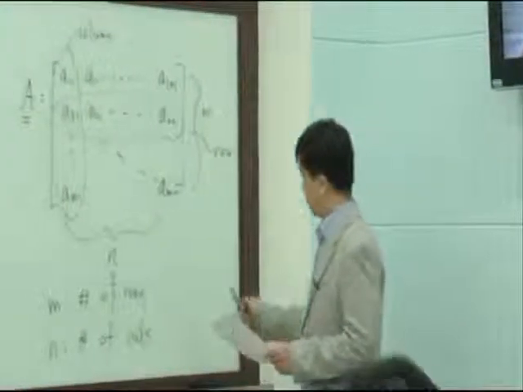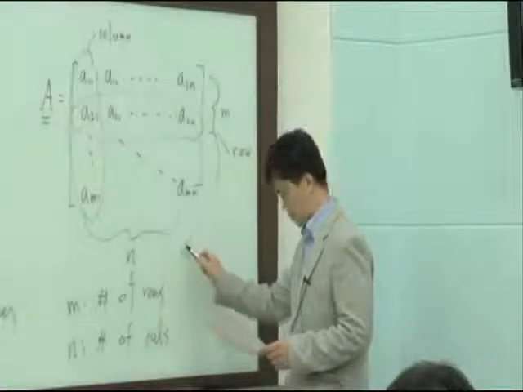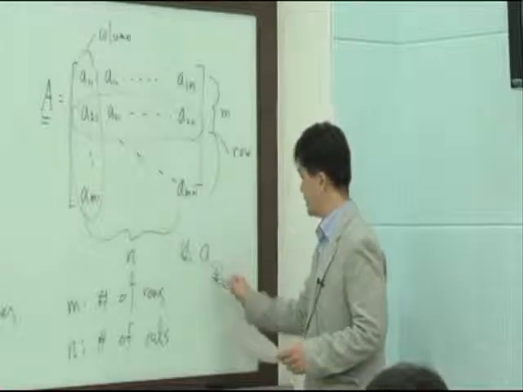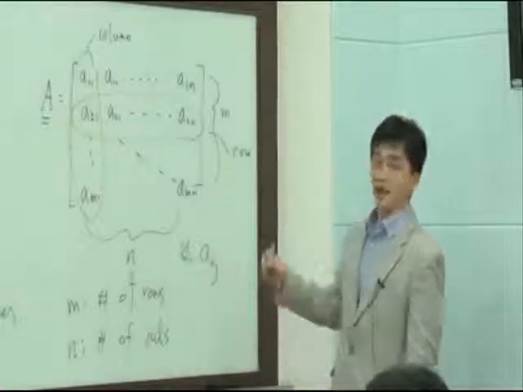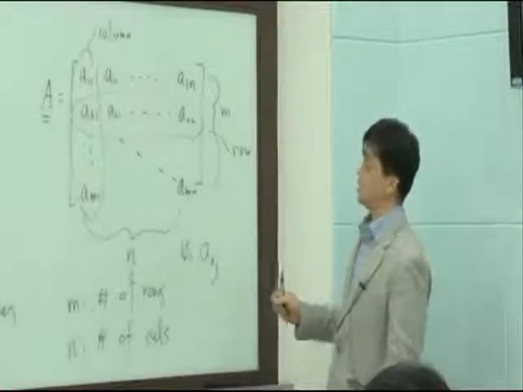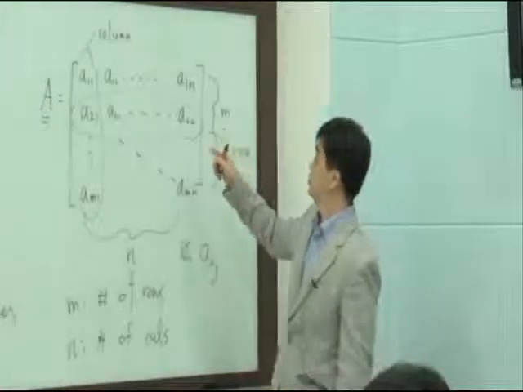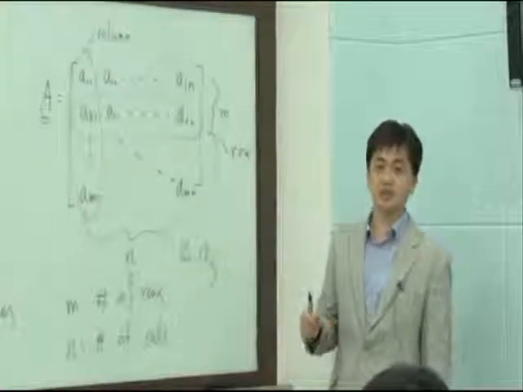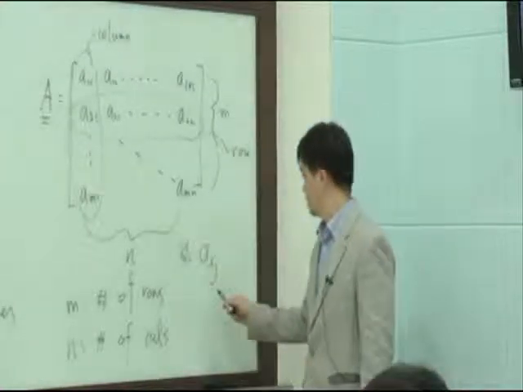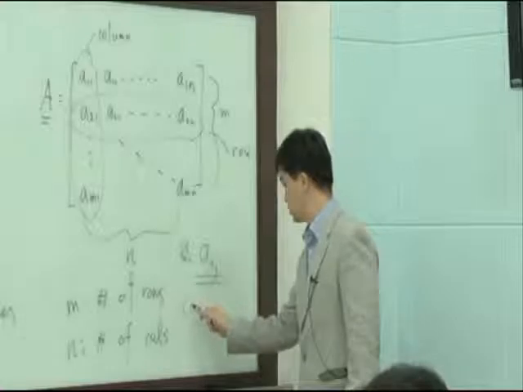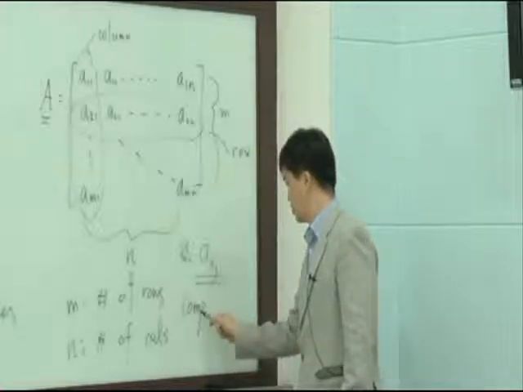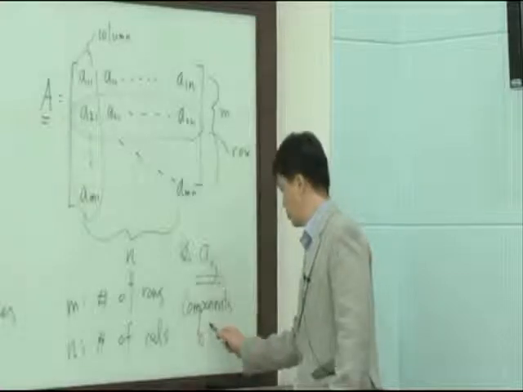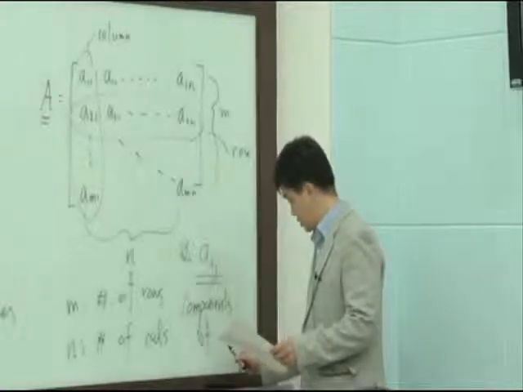And here, this is important: Aij. Aij means i is changing from 1 to m, j is changing from 1 to n. This is the name, the component of matrix A.